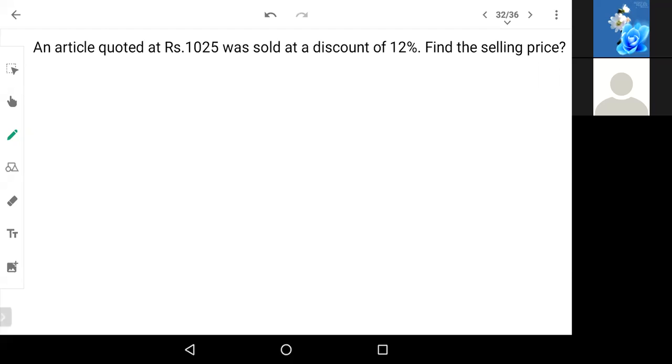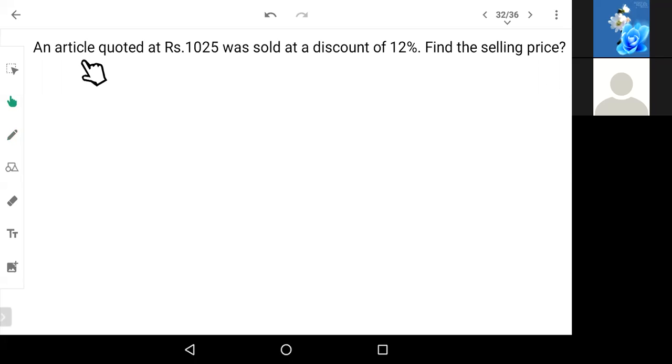Okay, good. Thank you. Now let us continue. Let's go to the next question. An article quoted at rupees 1025 was sold at a discount of 12%. Find the selling price.